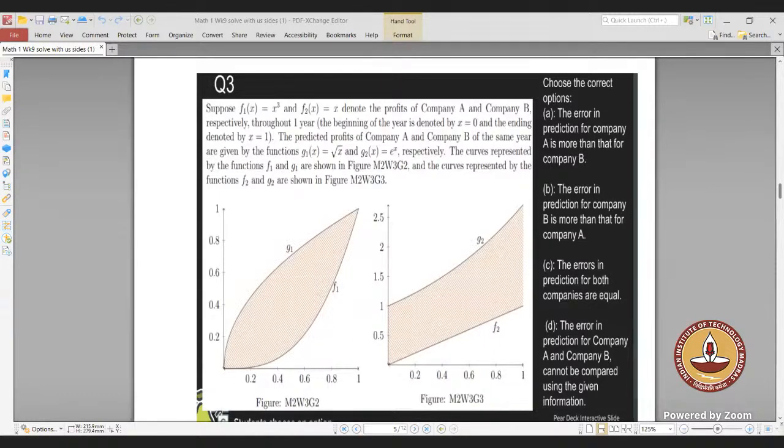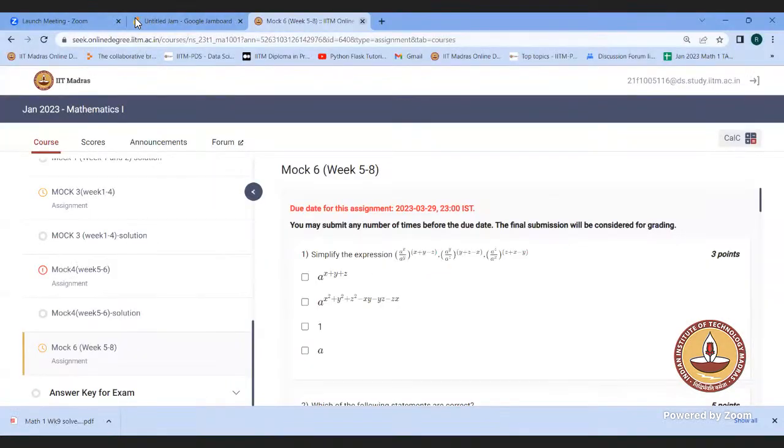It is mock 6, week 5 to 8. Can you just check it in the mock section? I'm in the mock section only. Should I log out and log in? Just refresh the page, I think that will solve the issue.